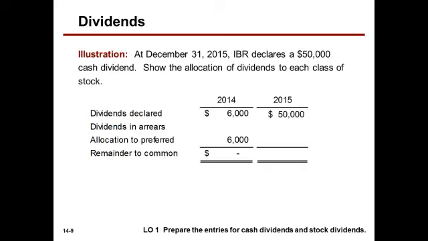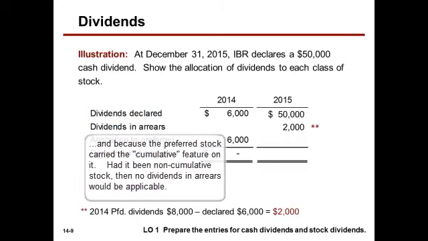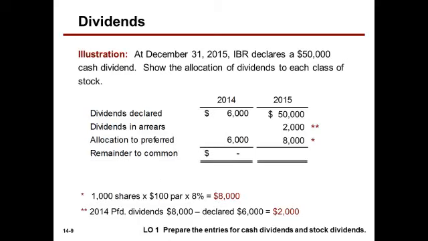The first $2,000 is allocated to the preferred shareholders since they did not receive their allotment in the previous year. Secondly, the preferred shareholders get their current year dividend of $8,000 out of that $50,000 total declaration. And so lastly, the common shareholders get $40,000 of that.